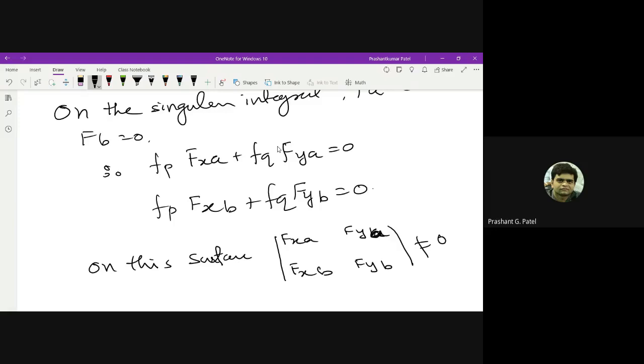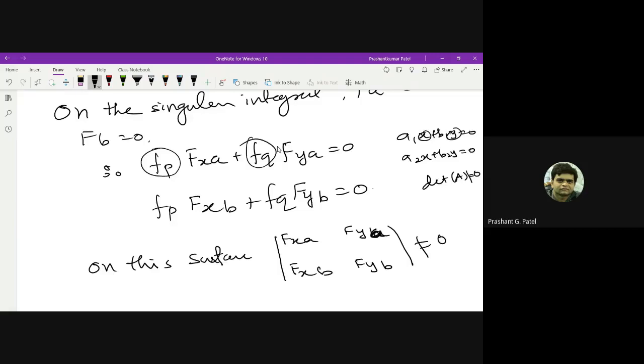And hence, if this is non-zero, then you will have Fp and Fq equal to 0. Because see, this is an equation like a1x plus b1y equal to 0, a2x plus b2y equal to 0, where x and y are small Fp and small Fq. These are the a1, b1, a2, b2. This system has only one solution if the determinant of the coefficient matrix is non-zero.